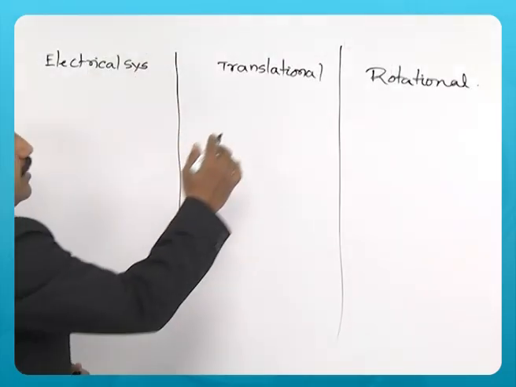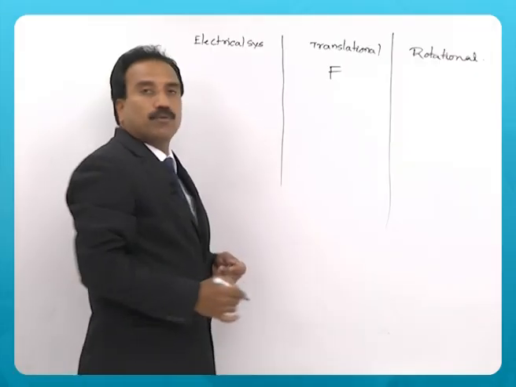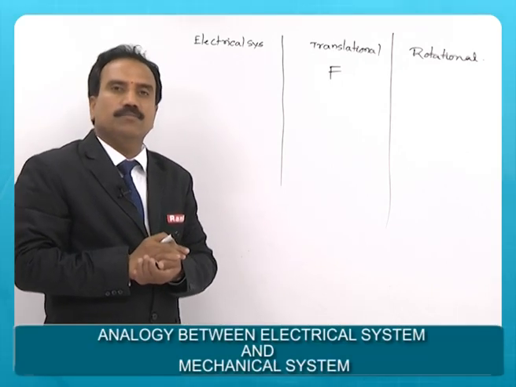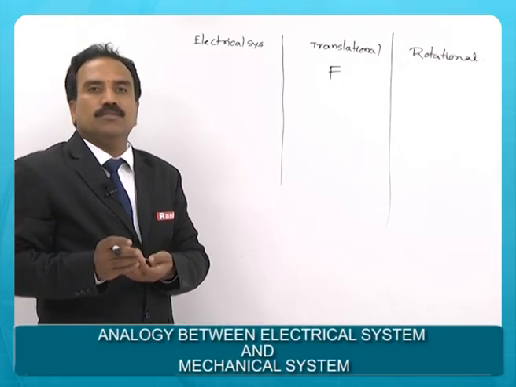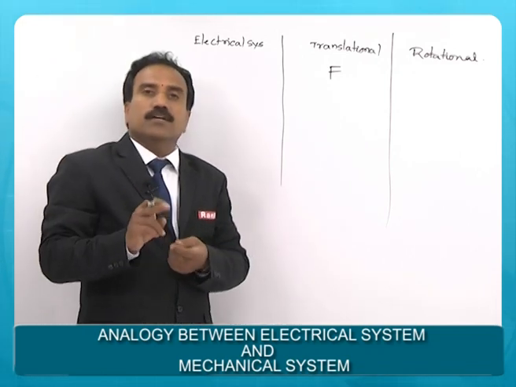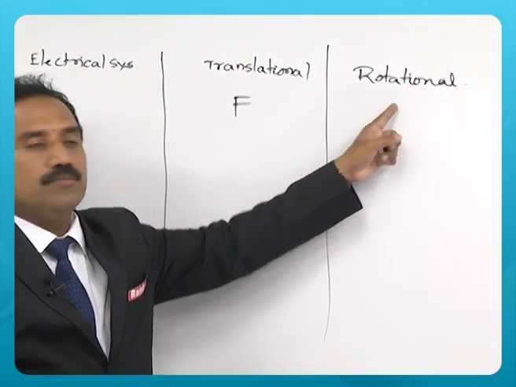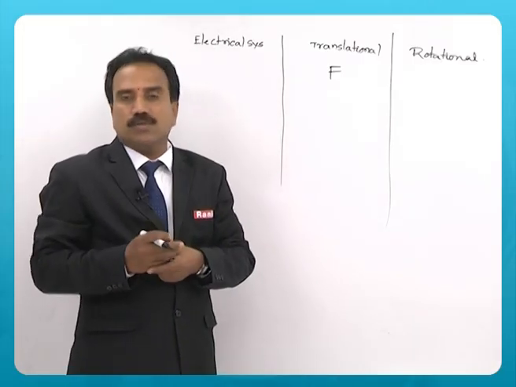As I said, in a translational system, when you have a force that is applied on a mechanical translational system, the corresponding term in a rotational system, it is a fixed axis rotation system. Please remember, rotational system means which has fixed axis rotation.